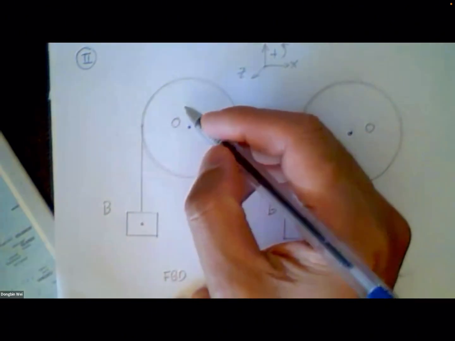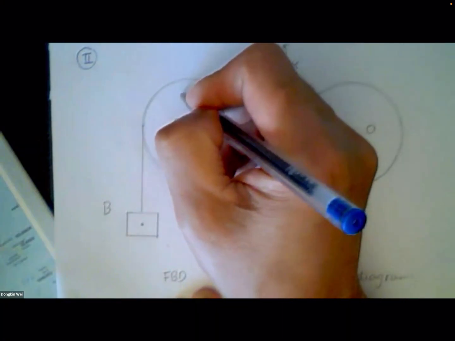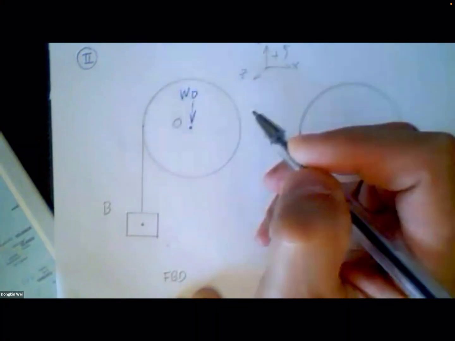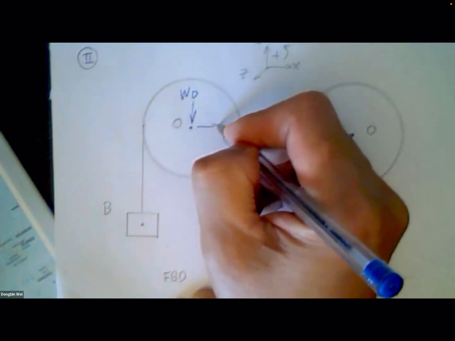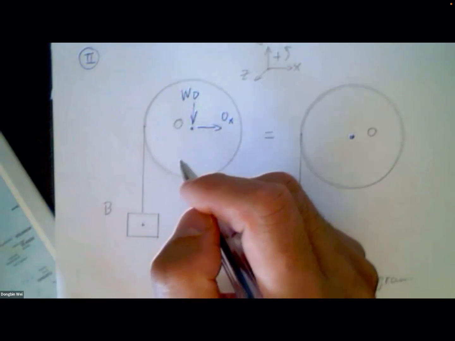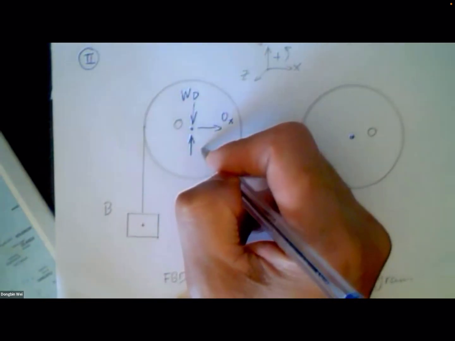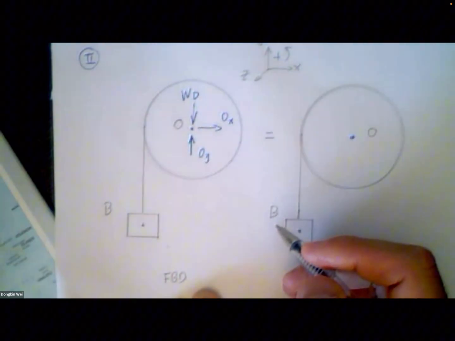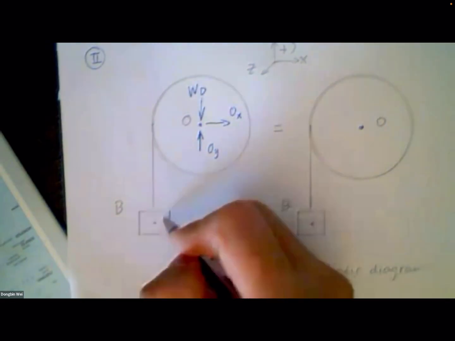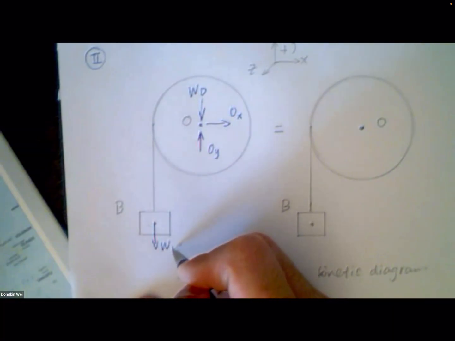Now, again, for this drum, we have W_D, we have O_X at this axis, and we have O_Y. And also in this one here, we have W_B.